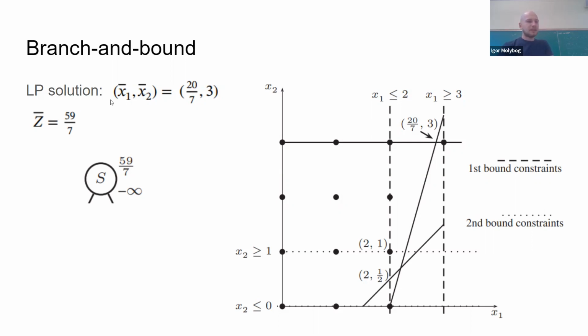In this case, the solution to the problem is (x1, x2) = (20/7, 3). So it's this point over here. The upper bound that we get from this solution is 59/7, and the lower bound we are not getting because it's not a feasible point.